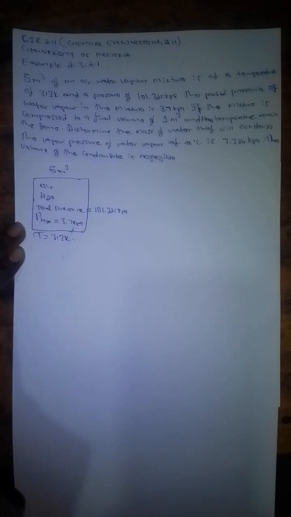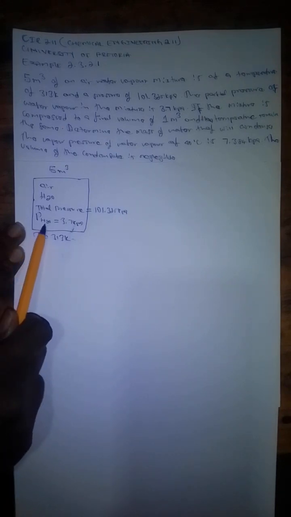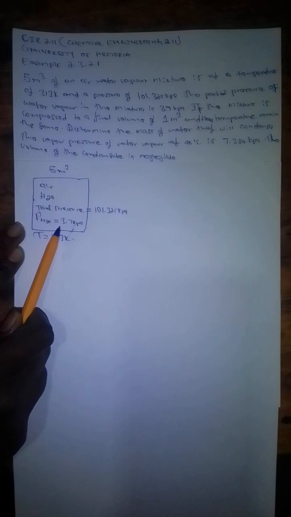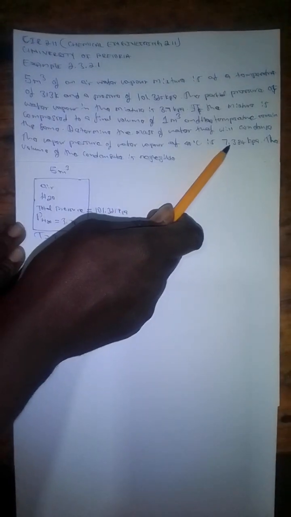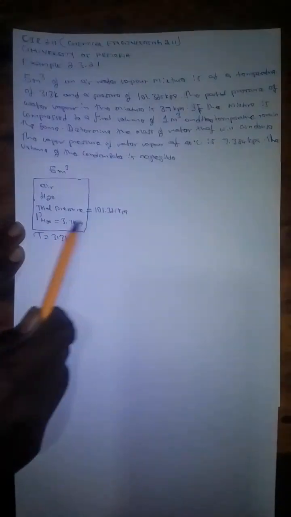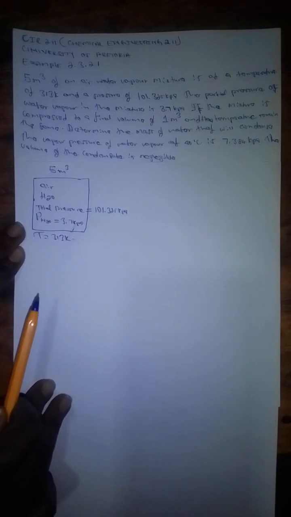And it's easy to check that because we simply compare the partial pressure of water and the vapor pressure of water. If the partial pressure of water is lower than the vapor pressure of water, then it means all of the water here is vapor.